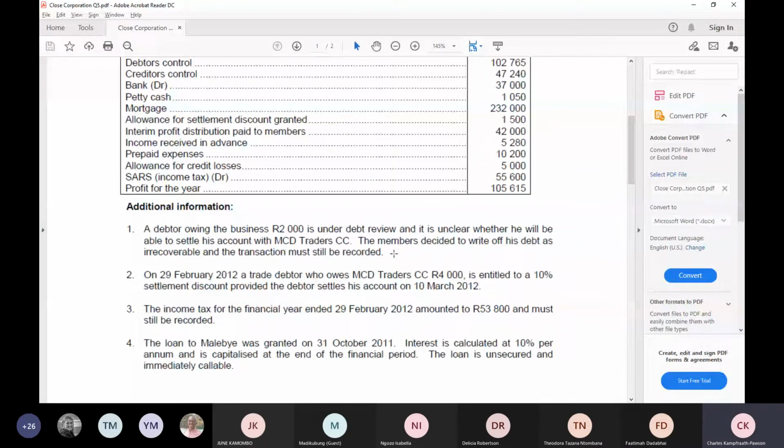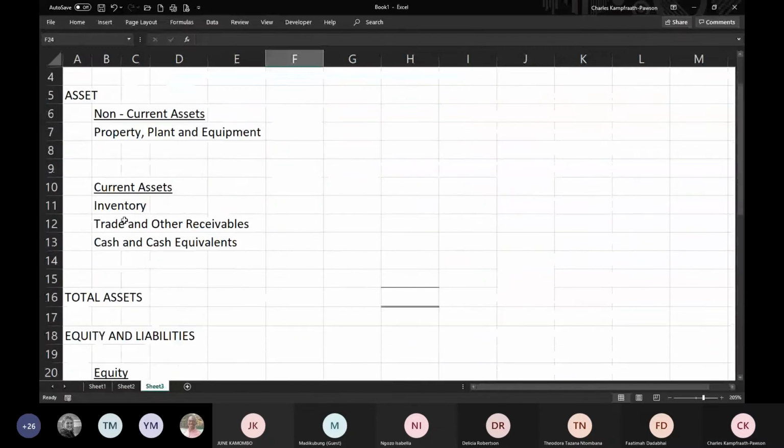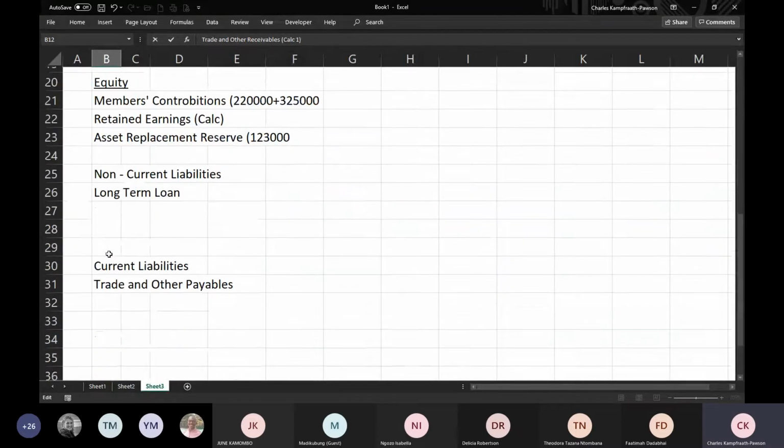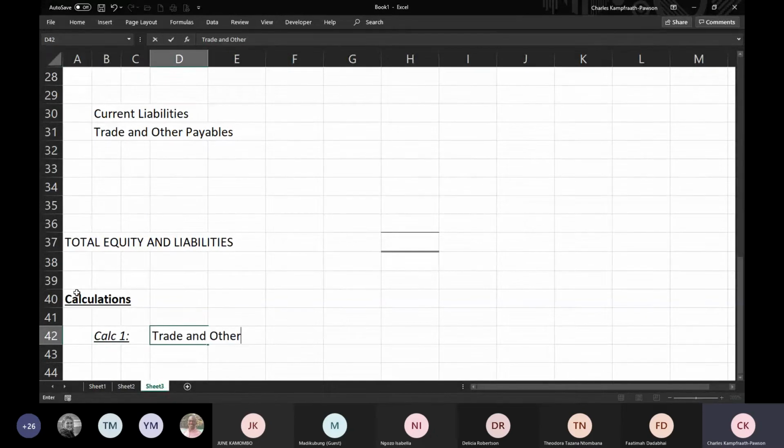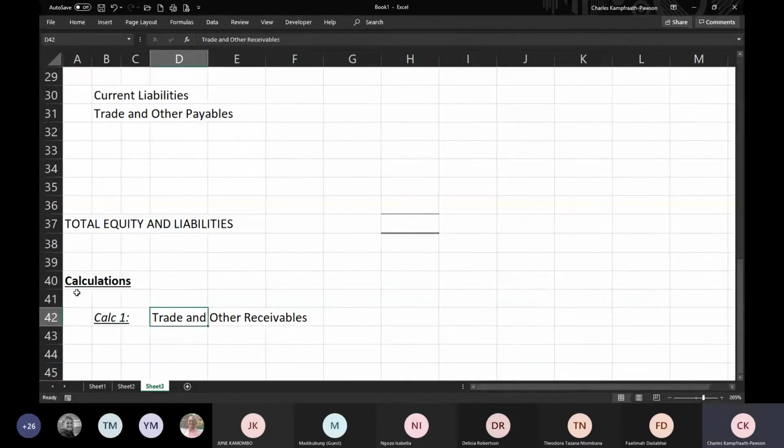So let's go to trade and other receivables, and we say calculation 1. So let's do our calculations here. Calculation 1, trade and other receivables.